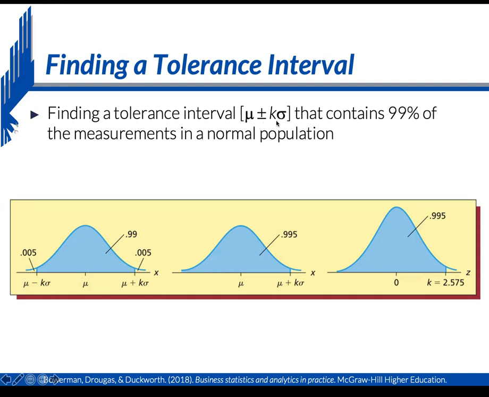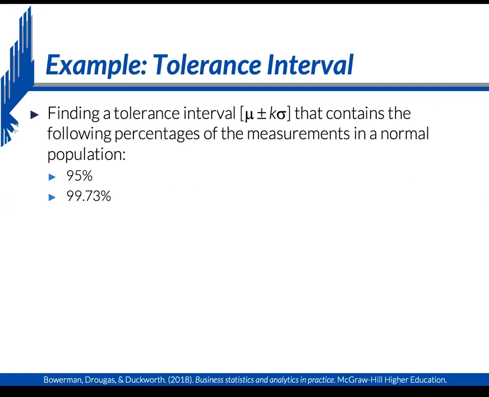Whatever the mean and the standard deviation of any normal distribution, if you plug in 2.575 to that equation, you will be able to get this lower limit and upper limit such that the total percentage of values within that interval is 99% of the entire population. So that's how we find, or construct, tolerance intervals.